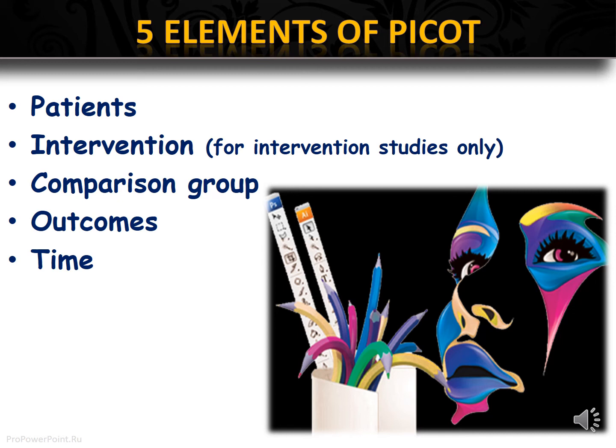The first element, P, patients; I, intervention, for intervention studies only. Then component number 3, comparison group. Element number 4, outcomes. I mean, diseases, or maybe death, or complications, and so on. And the last element, time.